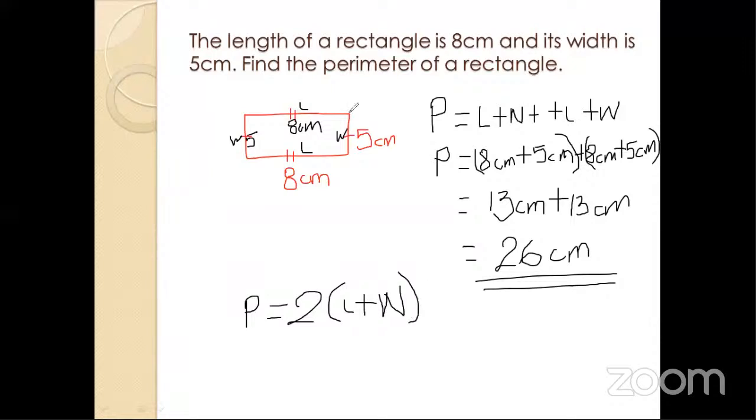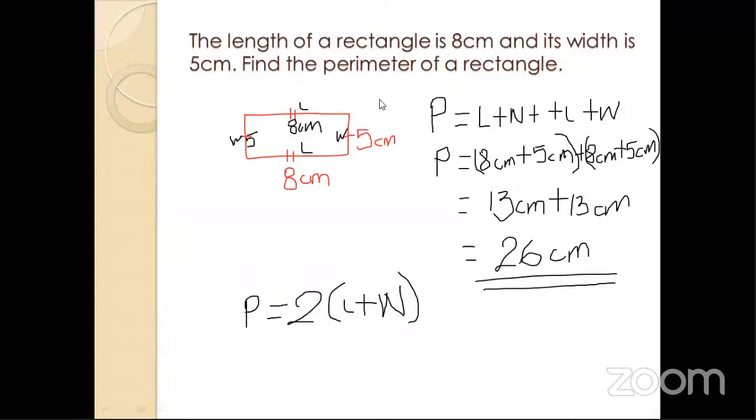That tells us that for perimeter we must add. Somebody multiplied and got 142. Please, we are not multiplying. We are adding, and make sure you add. If you cannot add, please count your fingers 1, 2, 3, 4, 5 until you get the answer.